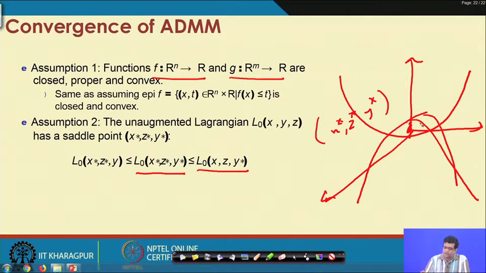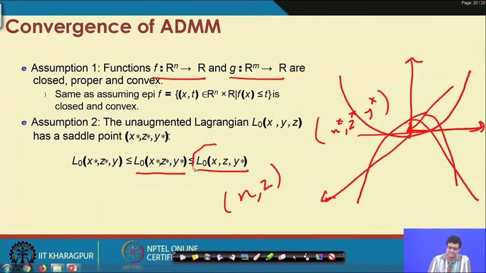If you go in the x z direction, you always go higher. So, if you move from x star and z star, that is you move on this axis, you always go higher, and if you move in the y axis, you always go lower.